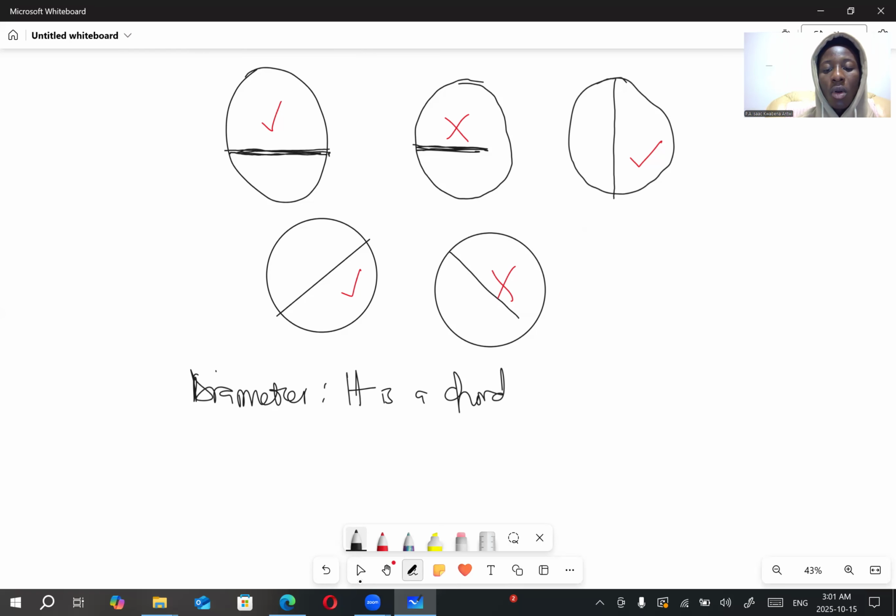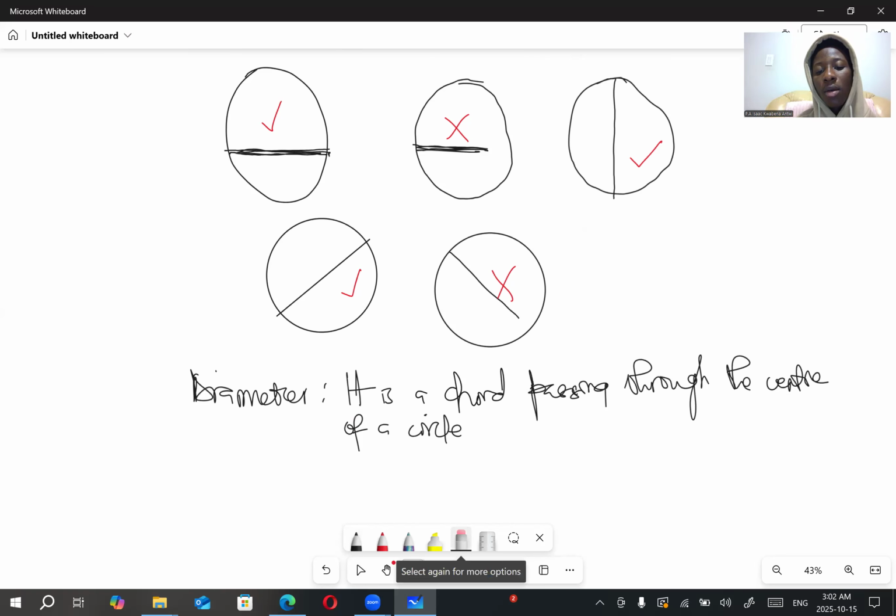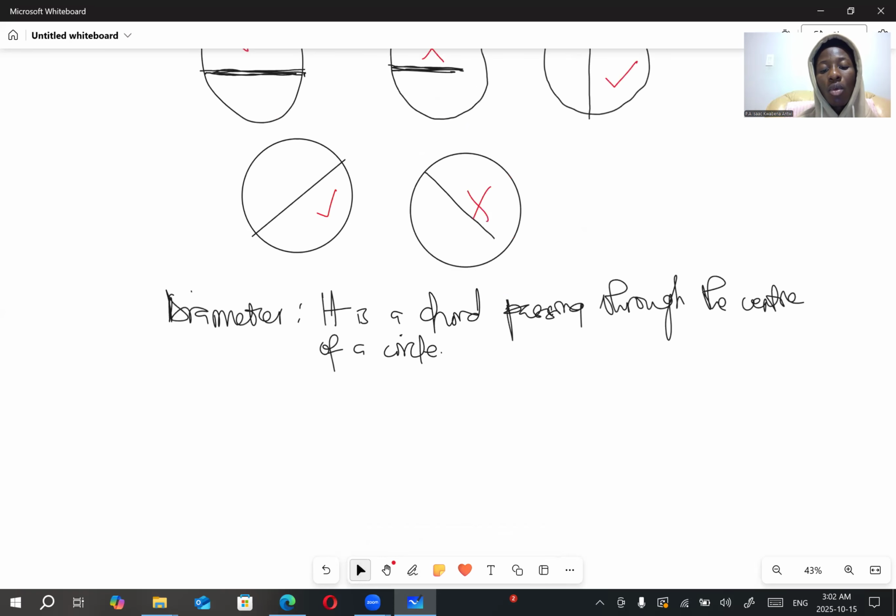So it is a chord passing through the center of a circle. So you know chords, right? Now for a diameter, you must be told there is a center.